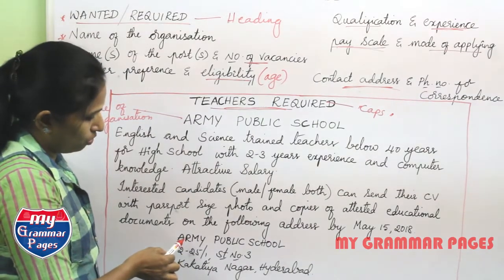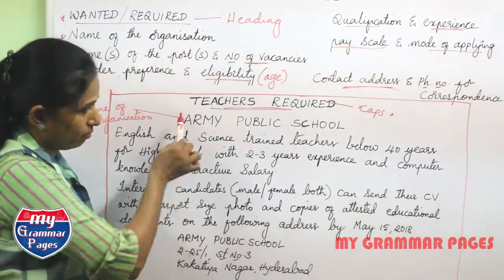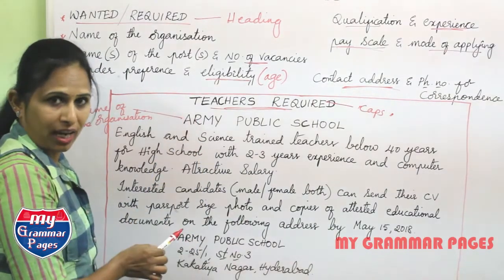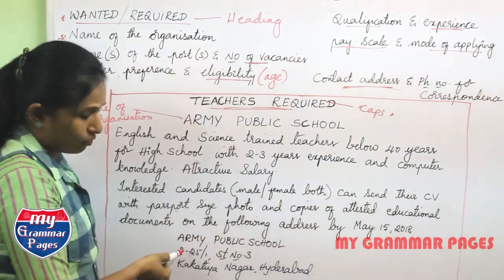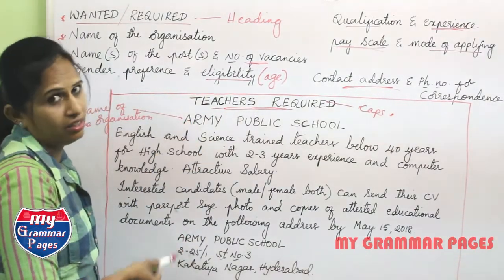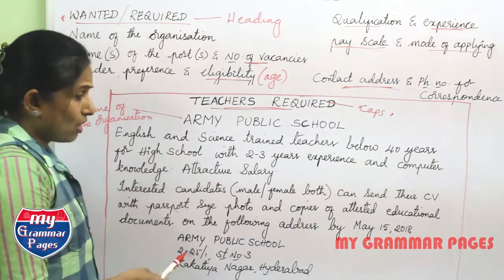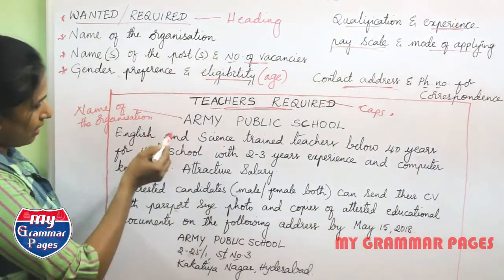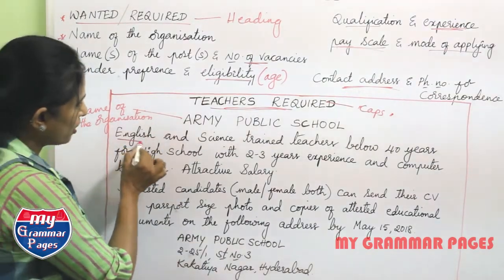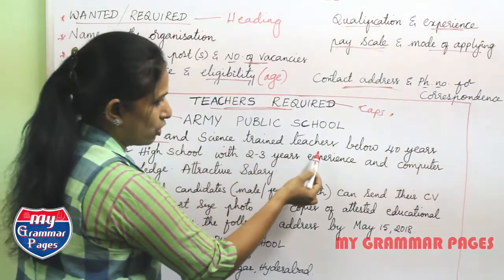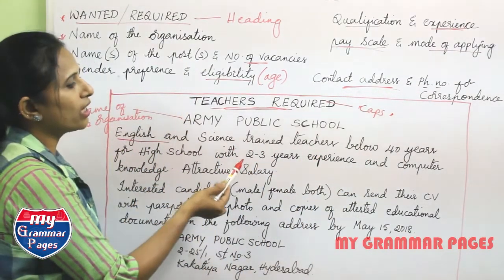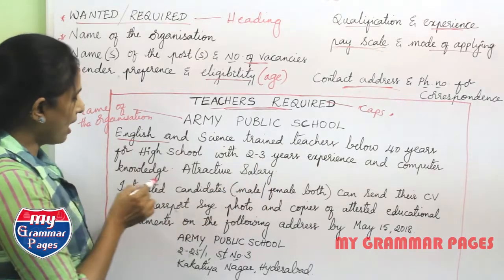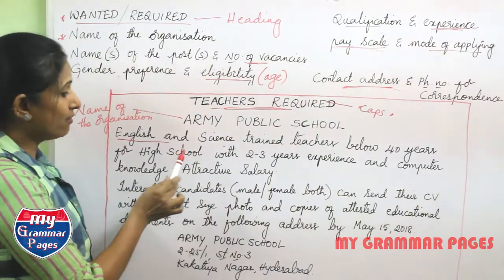If you do want to mention it, you can, both ways. Otherwise you can simply skip this, and the name of the organization can be mentioned in the contact information. And coming to the next one: English and science trained teachers below 40 years for high school with 2 to 3 years experience and computer knowledge, attractive salary.